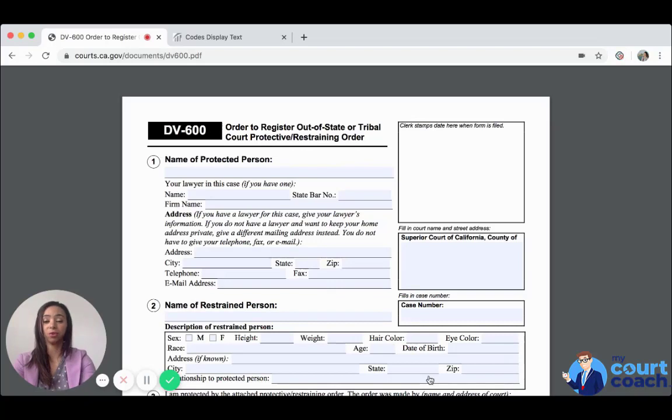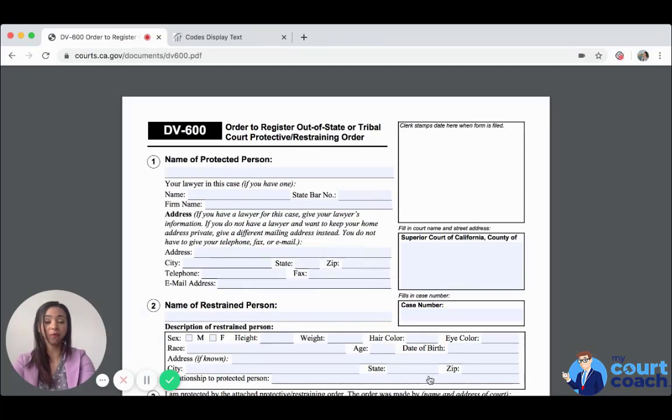Now, should you decide to register your out-of-state order, even though it's enforceable in the state of California regardless, you're going to complete your name. You're the protected person. If you have a lawyer filling this form out for you, then you need to include their information as well as their telephone and email.